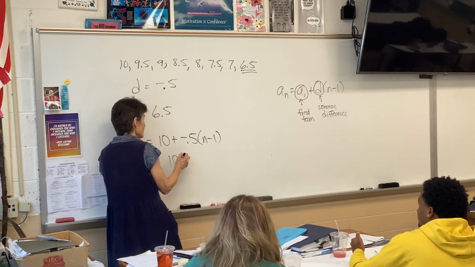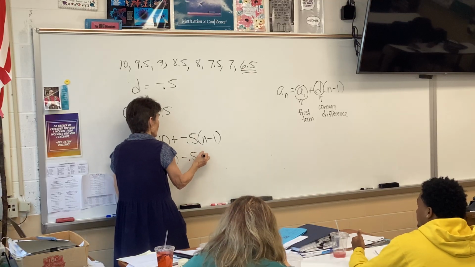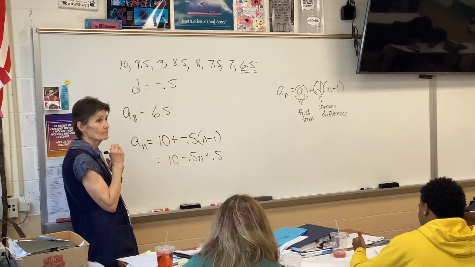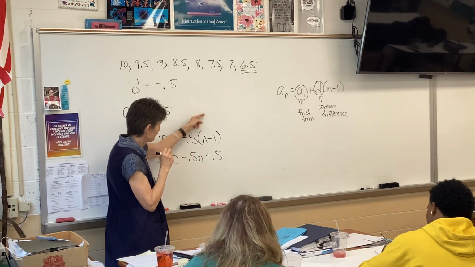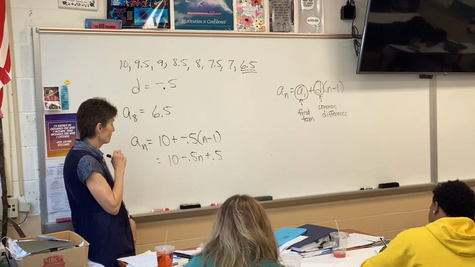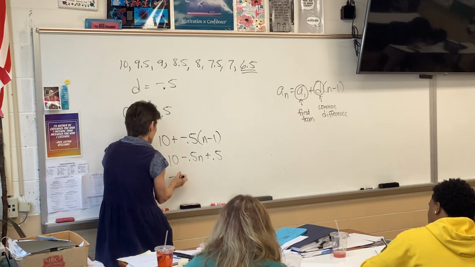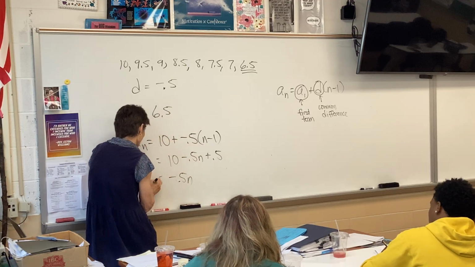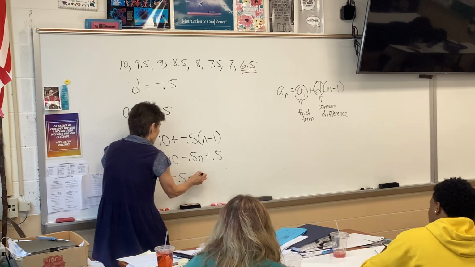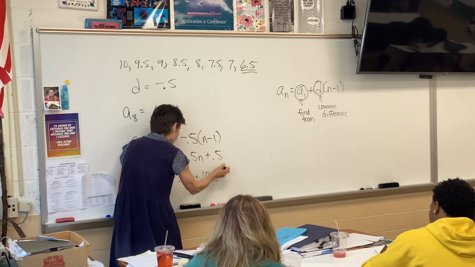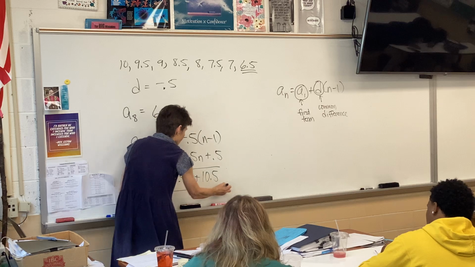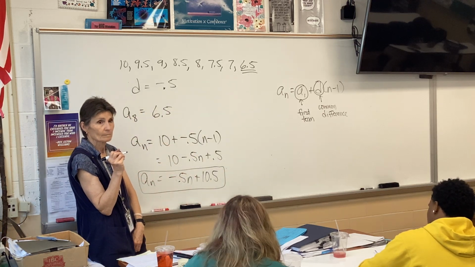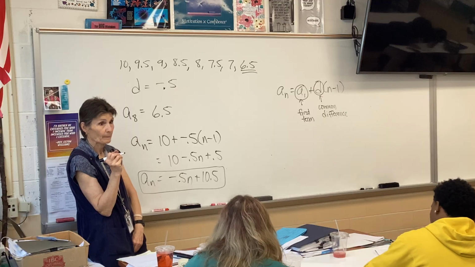So 10 minus 0.5 then plus 0.5. Distribute right here. So negative 0.5n plus 10.5. Does that look okay?